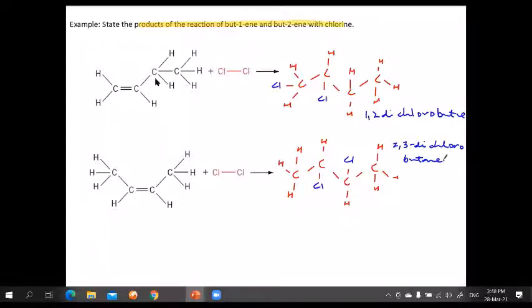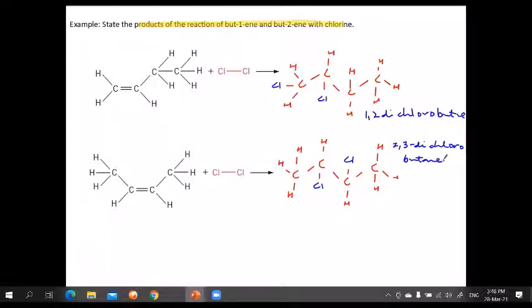Here is your structure that you started off with, the alkene. Here is your chlorine, your pure chlorine. Basically, this is what we call a chlorination process. When you were adding bromine, it was bromination. So this is a chlorination addition reaction.